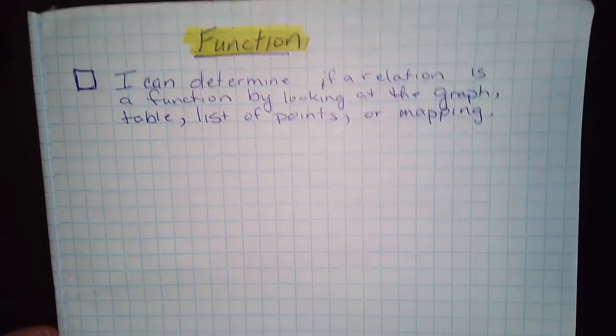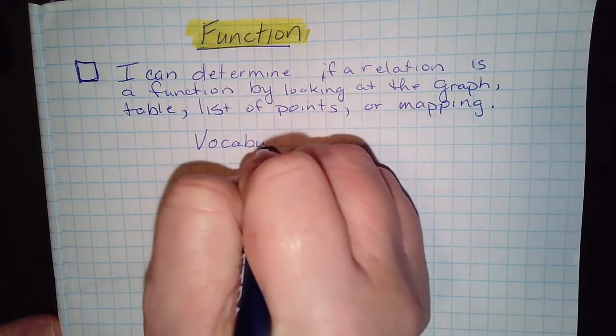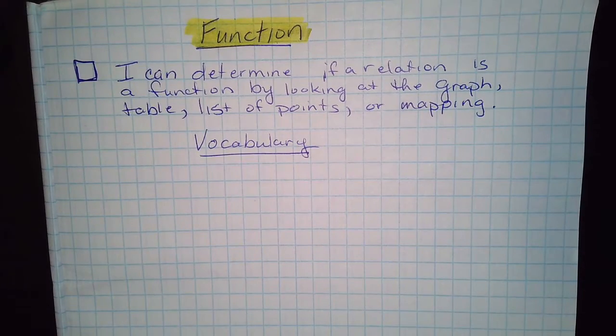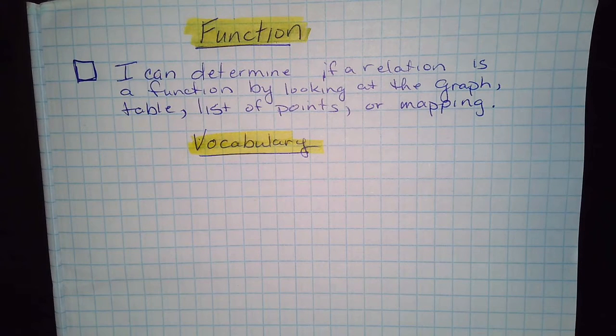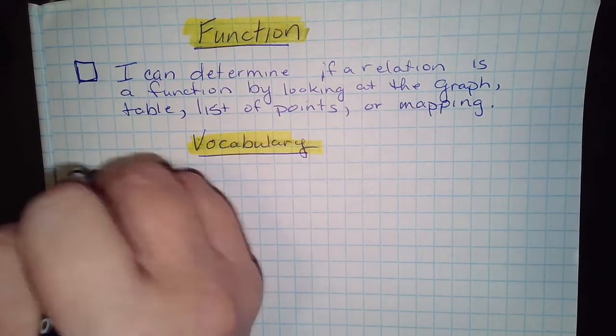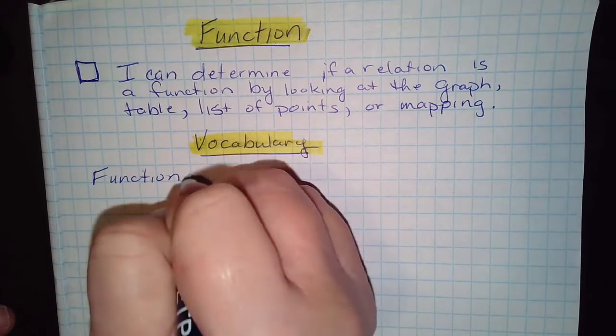Next thing that we're going to have on this is our vocabulary. And again, I'm going to highlight this so it stands out and looks nicer. Now, the first word, of course, since this is about functions, is going to be function.